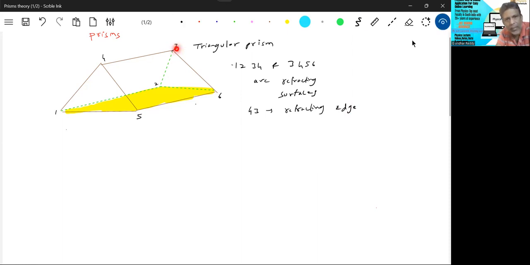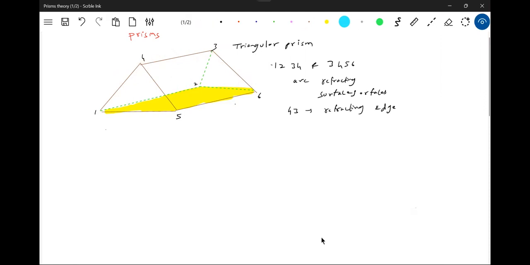So this particular thing is called a refracting edge, and these are the refracting faces or surfaces. What do we mean by a refracting surface? This is one refracting surface. Like this, basically, we will define the prism.